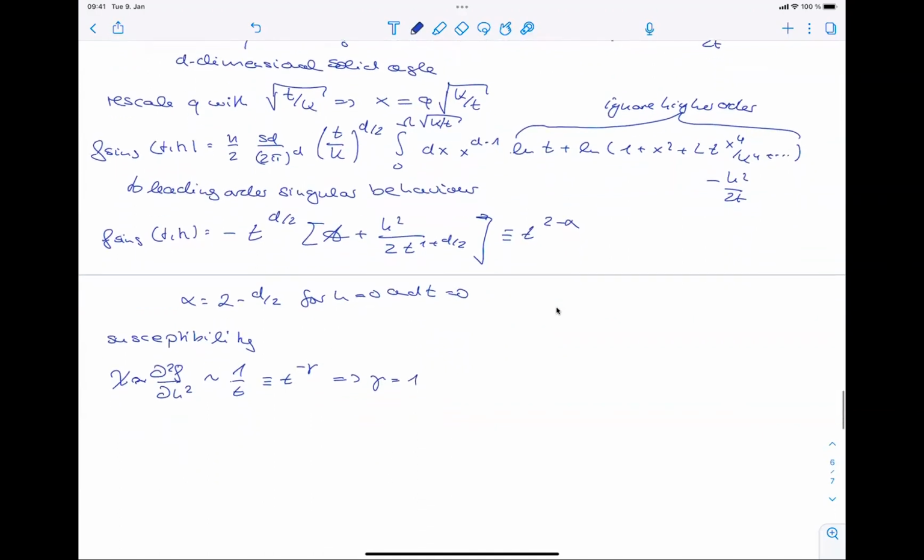And obviously we can also use the renormalization group transformation in settings where a direct solution is not possible.